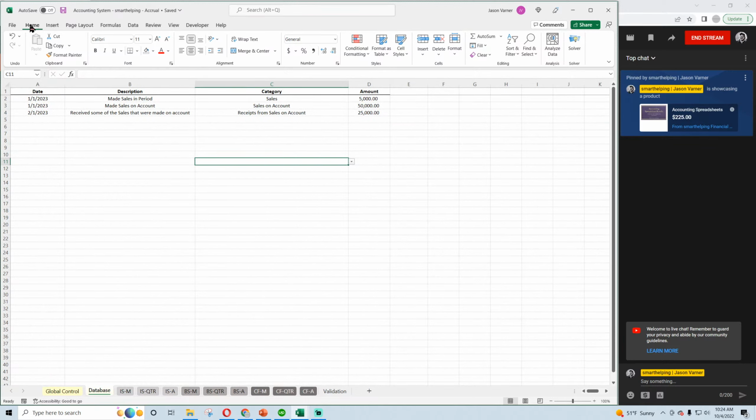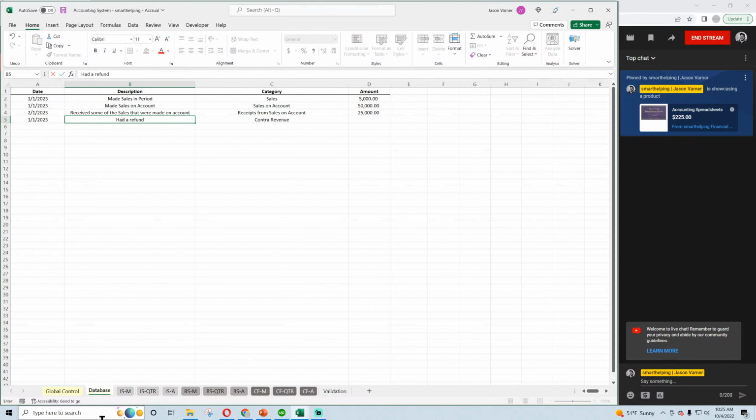Okay. Next item we have is Contra Revenue. So this could be both accrual, and let's put this in January, or cash basis. This is saying had a refund, discount, something that reduced sale.